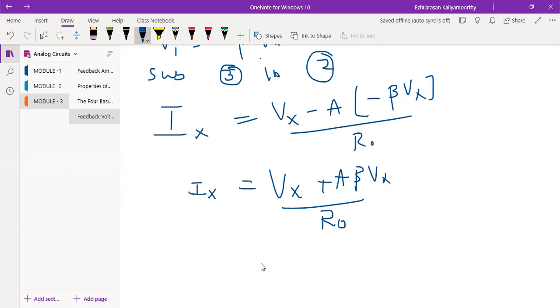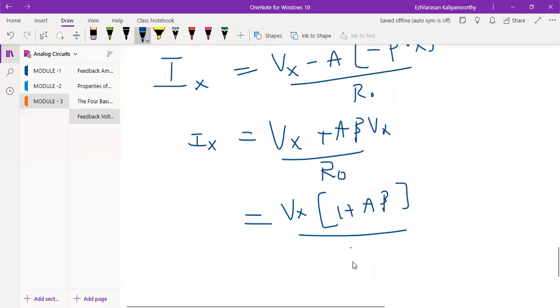Now again take the common term: Vx into 1 plus A beta by R naught.